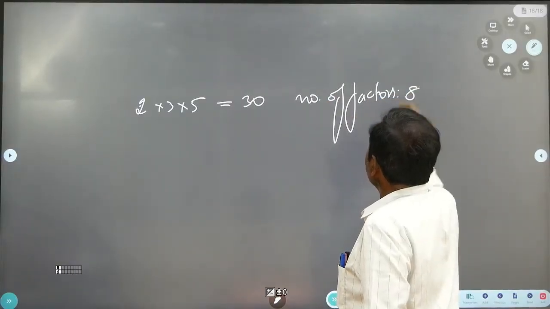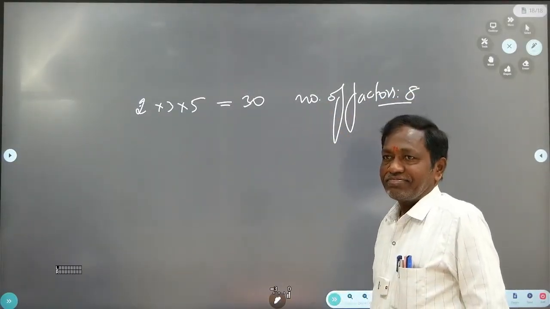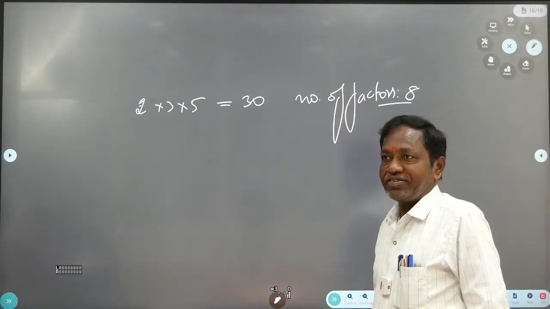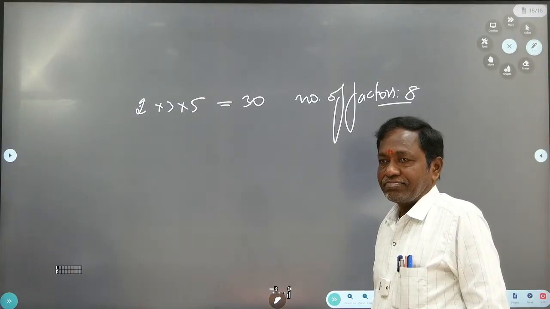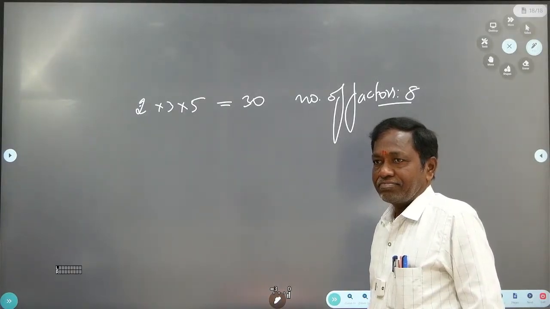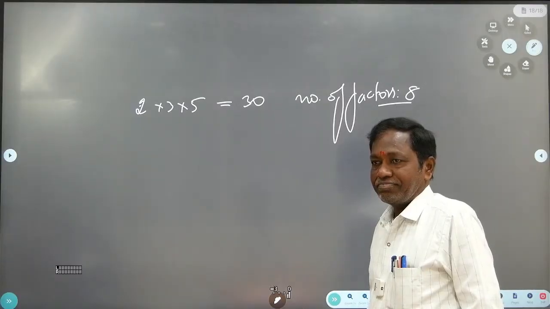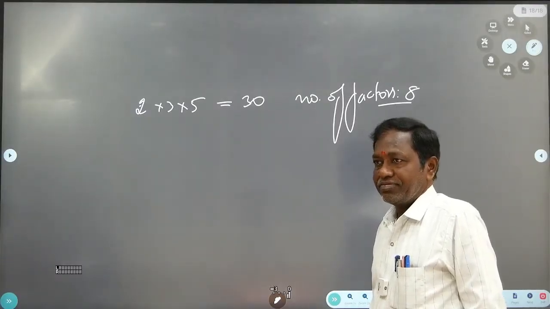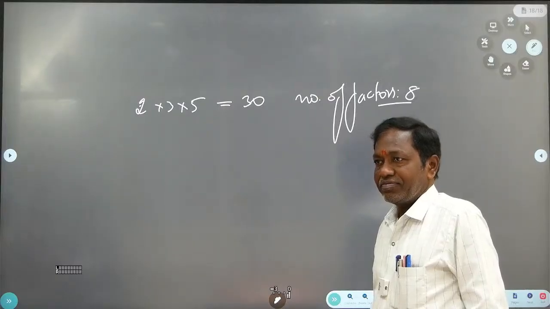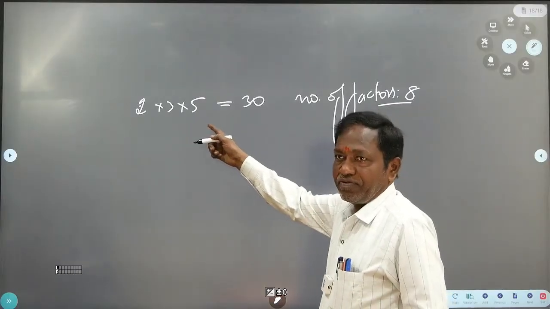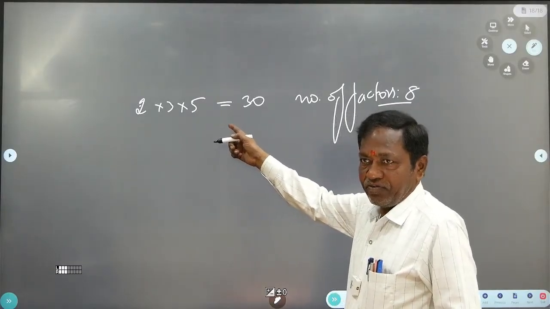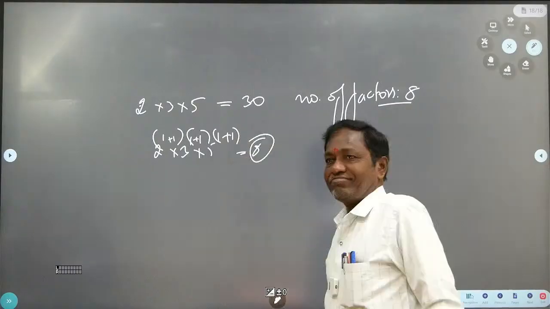Number of factors is 8. How did you get this 8? LCM you did. Right. Even already this is a product of factors. It's 8.